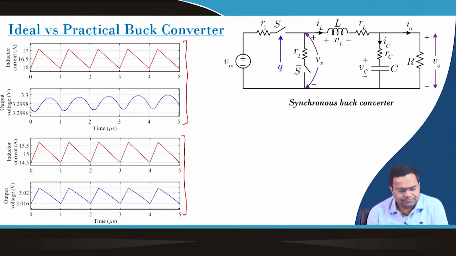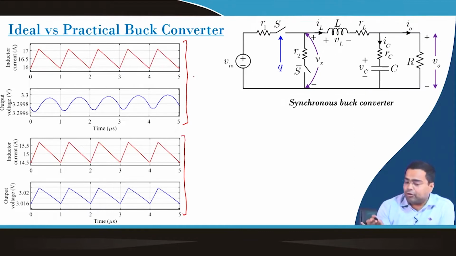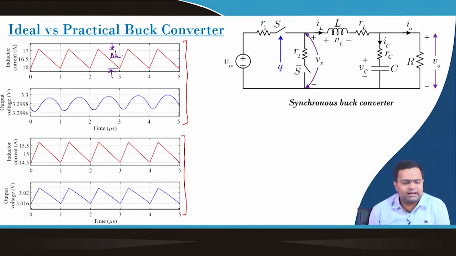What we can find here is if we compare the 4 parameters that we discussed. What are the 4 parameters? One is the ripple inductor current. If we consider the ripple current from here to here, this is my ripple inductor current, and it is nearly 1.2 ampere.